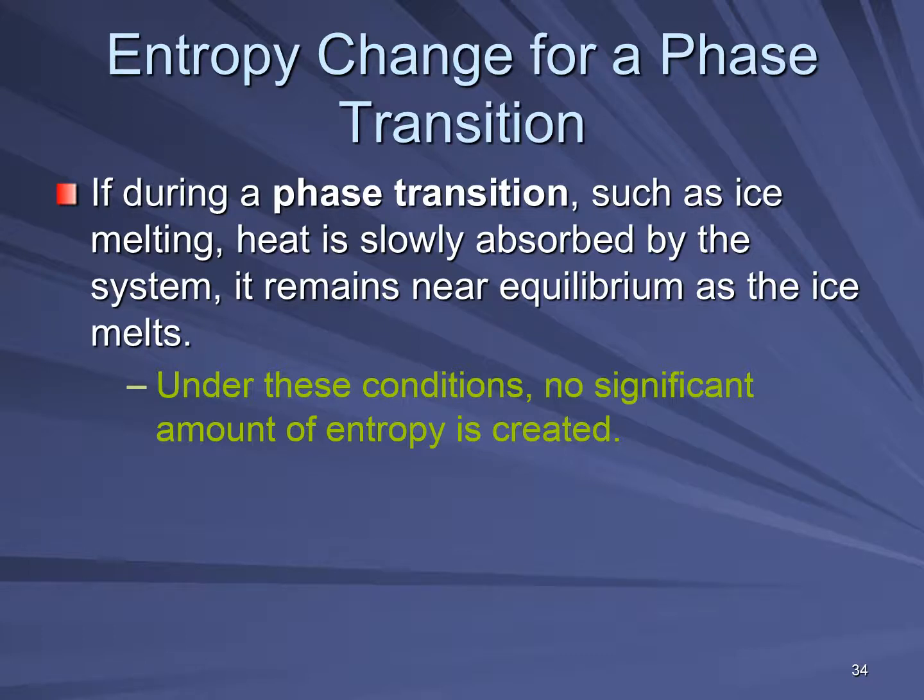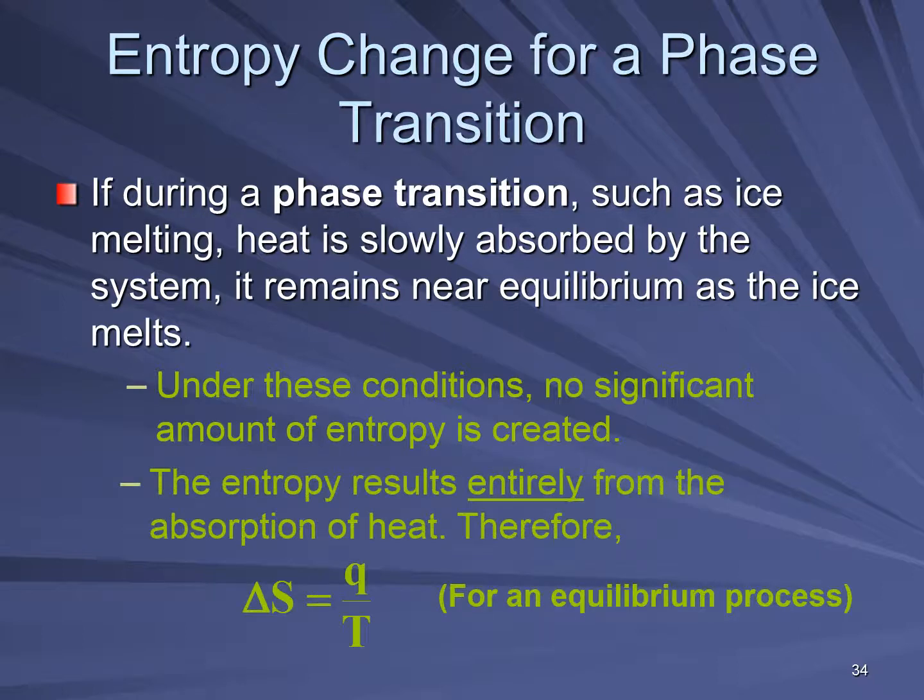Again, this is not a perfect system, so there might be a little bit of entropy created, but in a true reversible situation, no entropy is created. So any entropy change results entirely from the heat transfer, or Q over T. So for an equilibrium or reversible process, delta S equals Q over T.